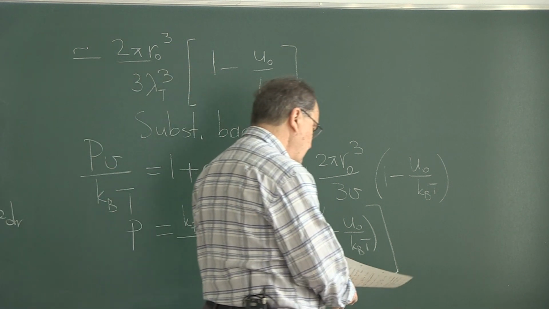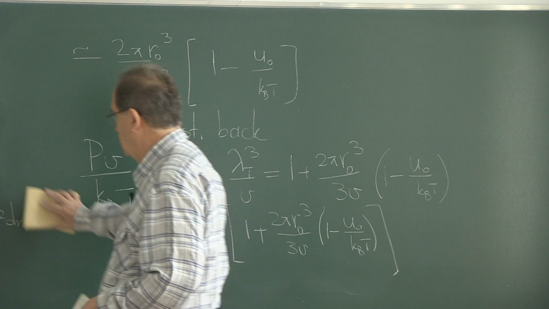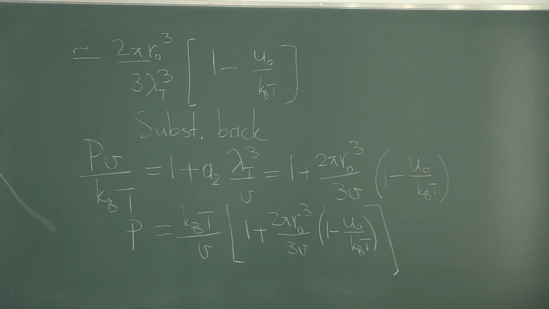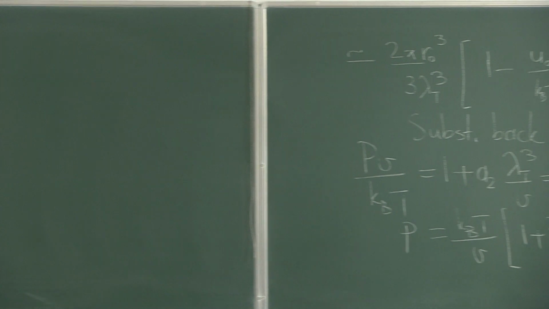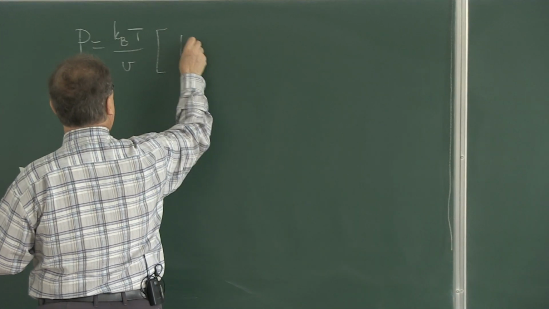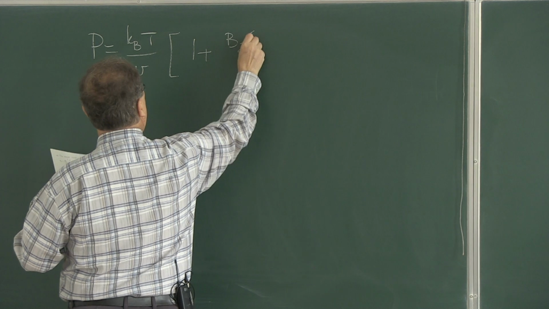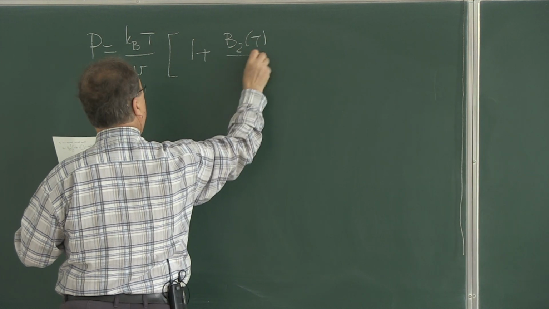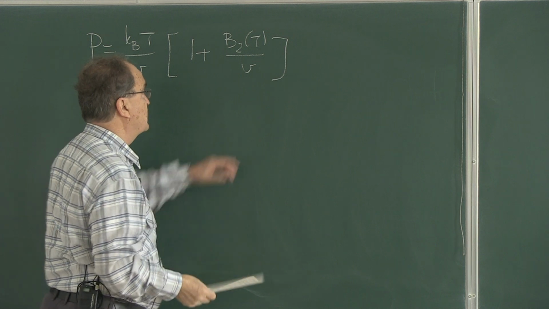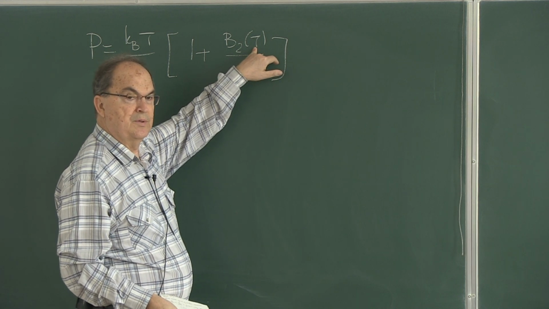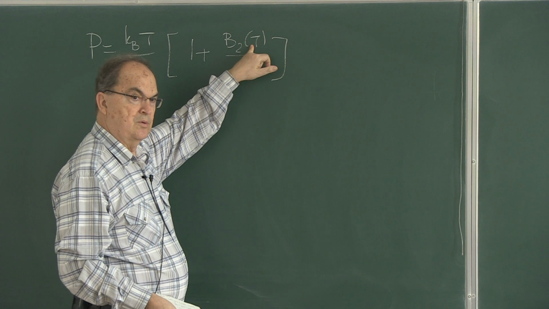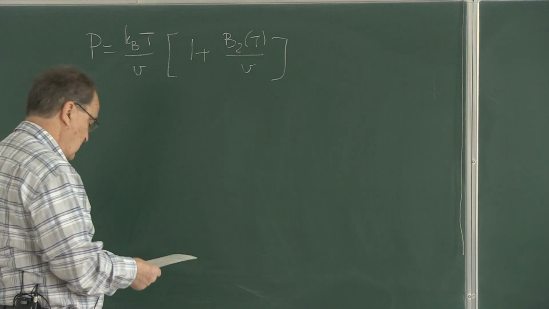In some books, the coefficient is written a little bit differently. That term is written as kBT over V, 1 plus B2T over V. And this is called the second virial coefficient, not A2, but B2 is called the second virial coefficient.